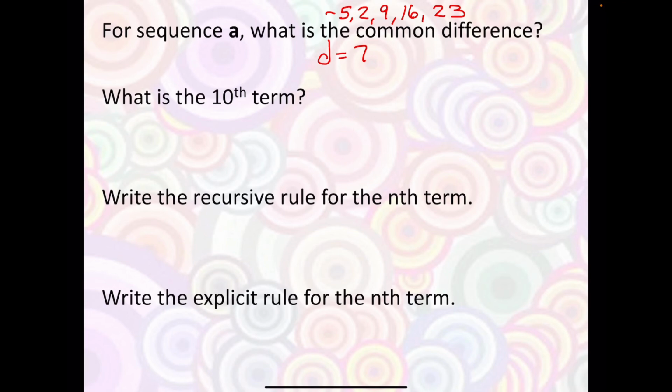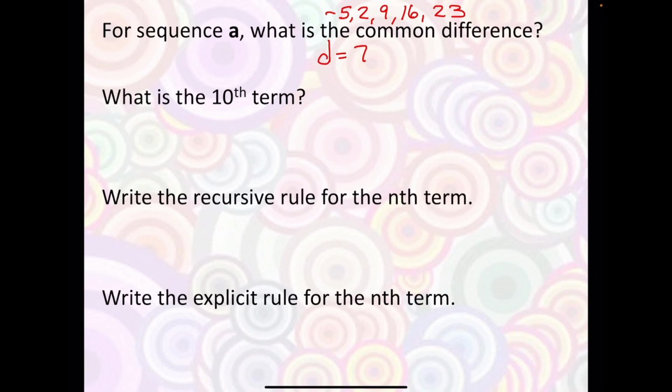All right, now we need to find the 10th term. Since the 10th term is not that far off, and we already have terms 1, 2, 3, 4, and 5, we could just keep adding 7 until we get to the 10th term. That's completely fine. Or we could find the explicit rule for the nth term, and then just plug in 10 and find our answer.